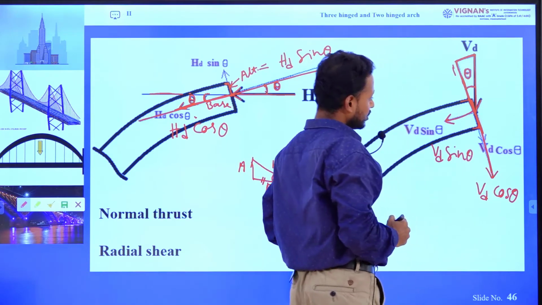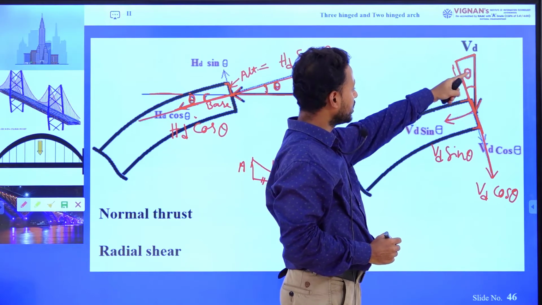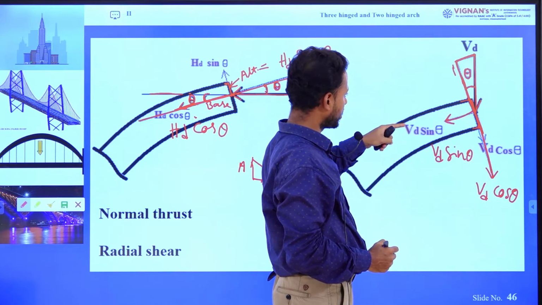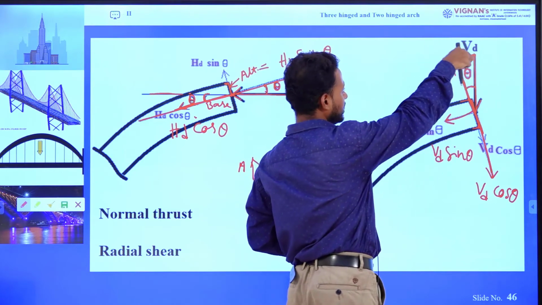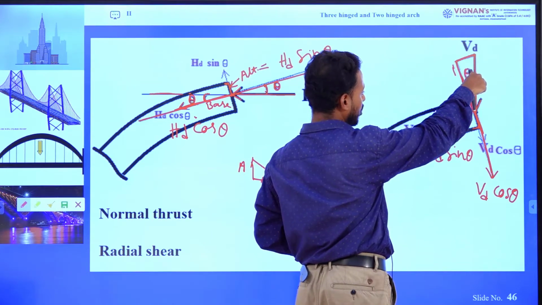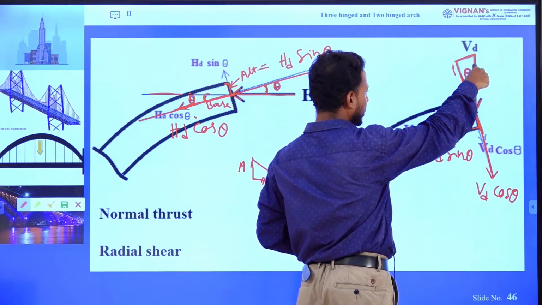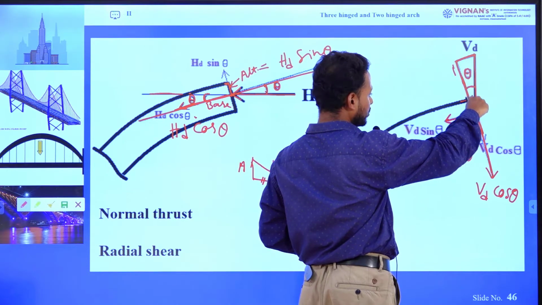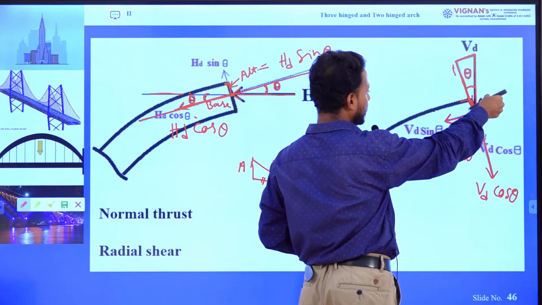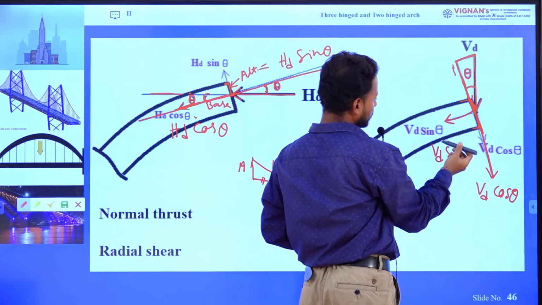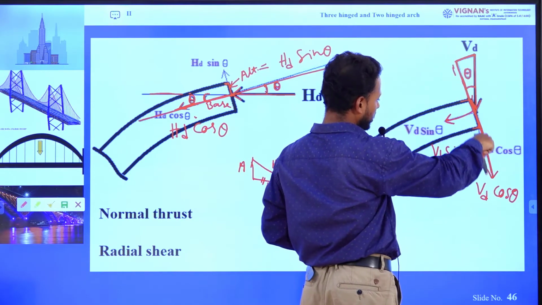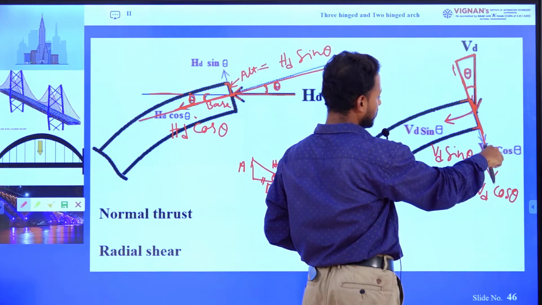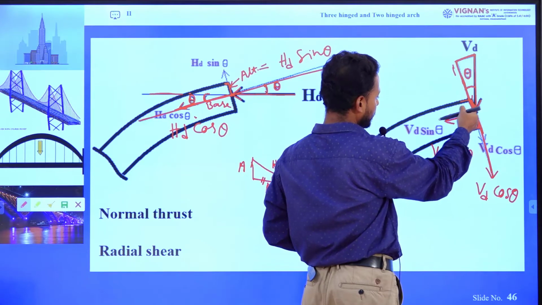Okay, so I have divided VD into two components, one is cos component, another is sine component. This force is working at this point. Okay, so at this point it will have two components, one is parallel to this cross section, another is perpendicular to this cross section. So this component is cos component, as this component is inclined at angle theta, so this will be VD cos theta and this will be VD sin theta.